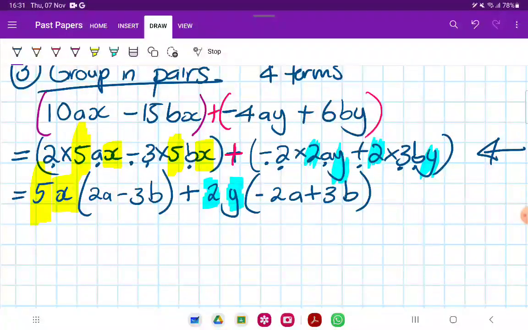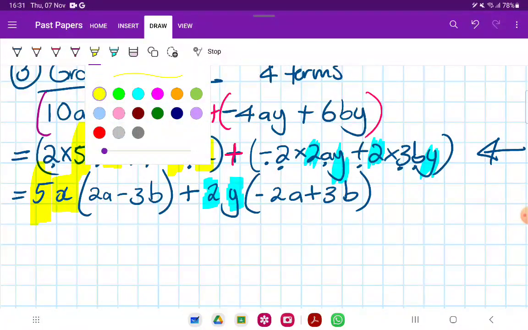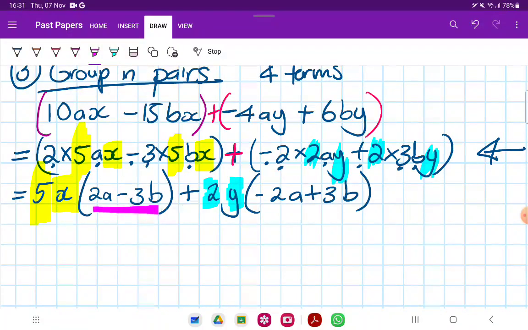Okay, there's movement. This looks great. If I look at these two brackets, they almost look the same. Can you see that? What's different? This is positive and that's negative. This is negative and that's positive. Hey, change sign rule.